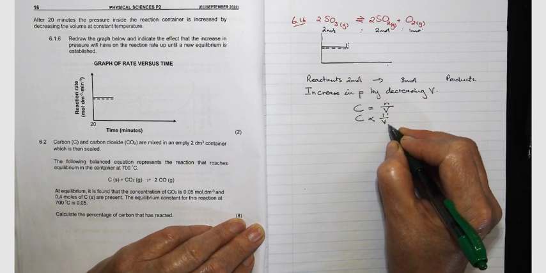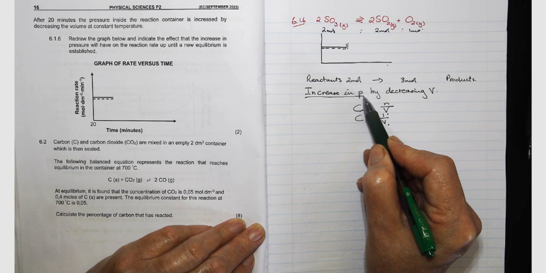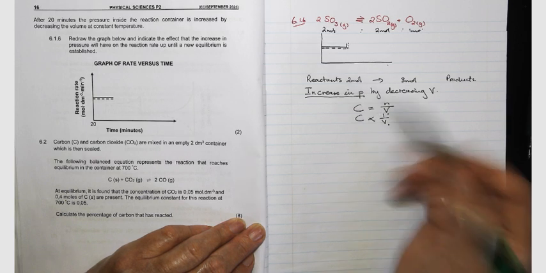But the reaction that will be favored by an increase in pressure is the reaction that will produce fewer moles of gas. So the reaction that produces fewer moles of gas is the reverse reaction.